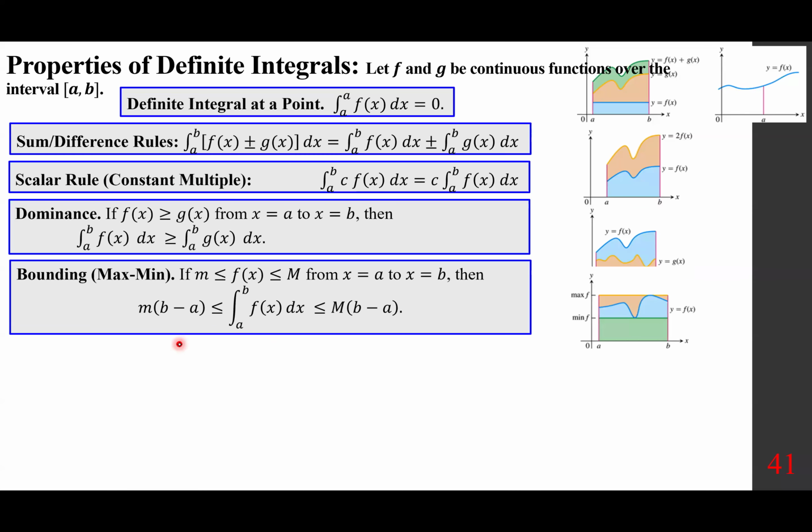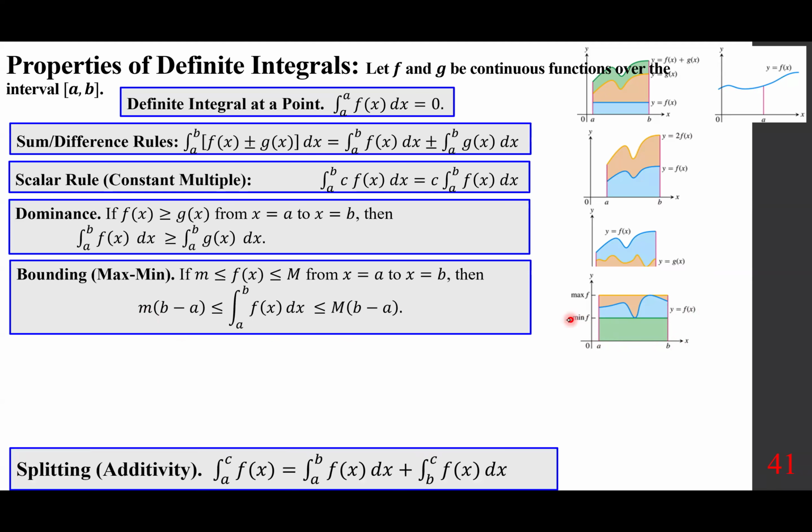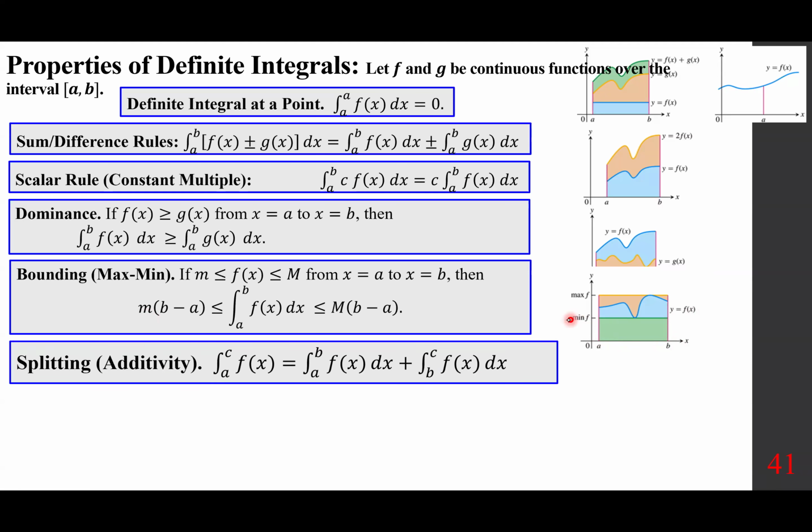Here's the minimum: b minus a is the width and the height is m. For the maximum, capital M is the height. For y equals f of x, the height changes, so it's in between.